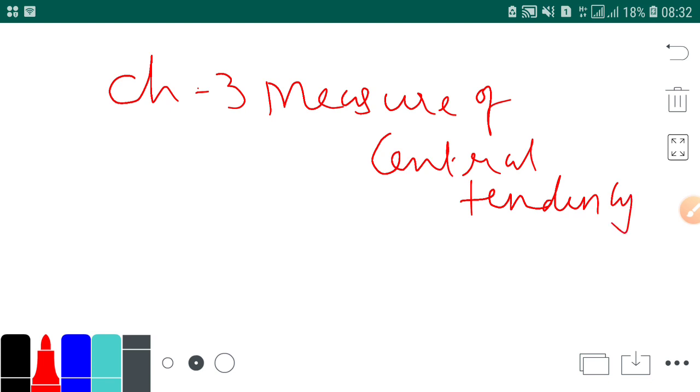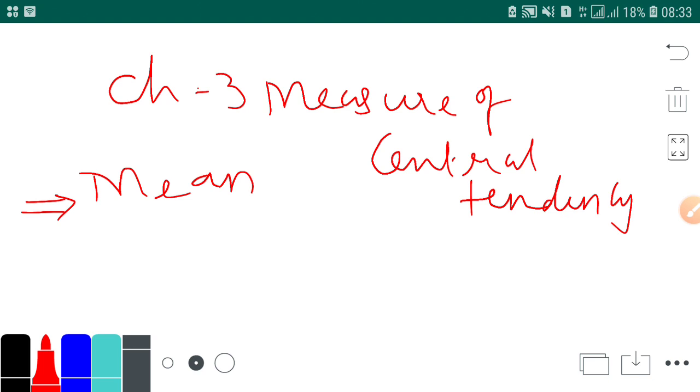In the chapter of measure of central tendency, what have you done so far? You have done the topic of mean. You have done the mean in 3 stages: when xi is given, when fi xi is given, and when classes and frequency are given.